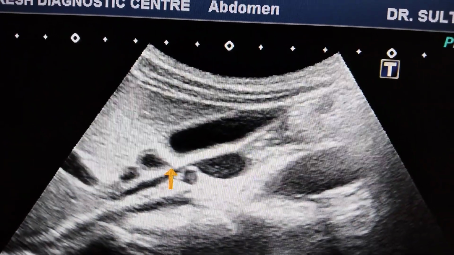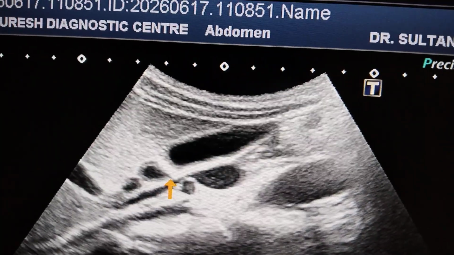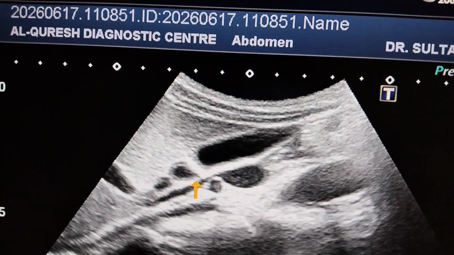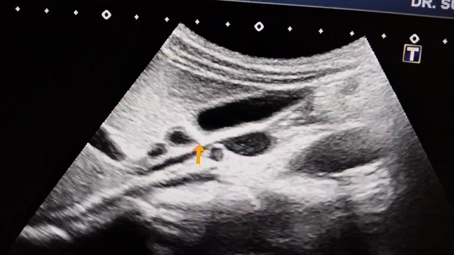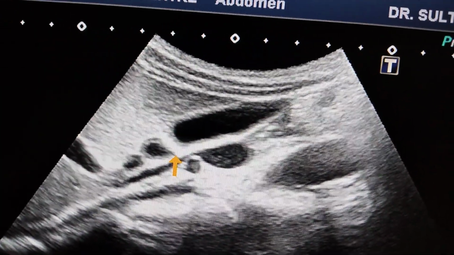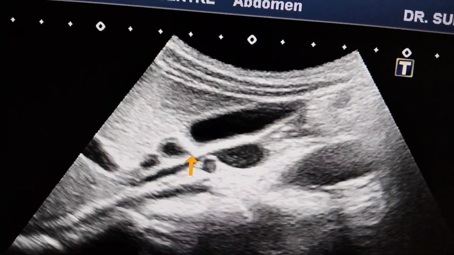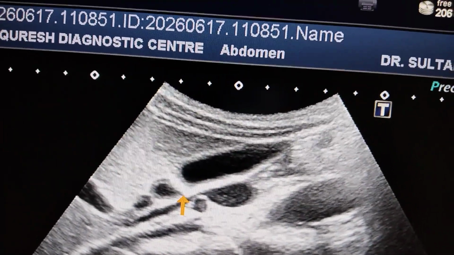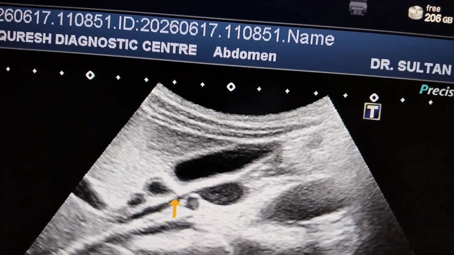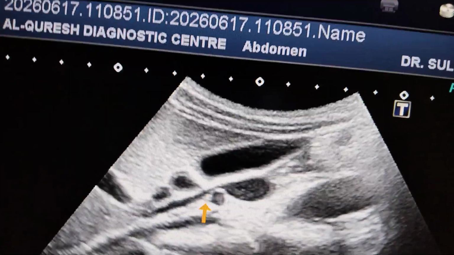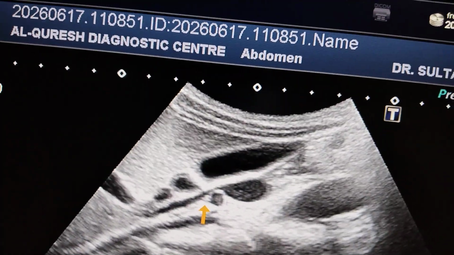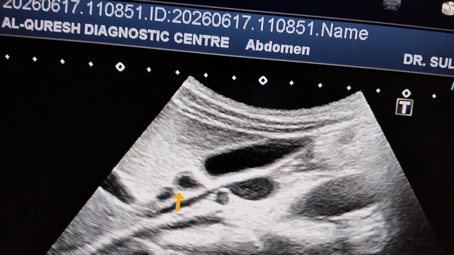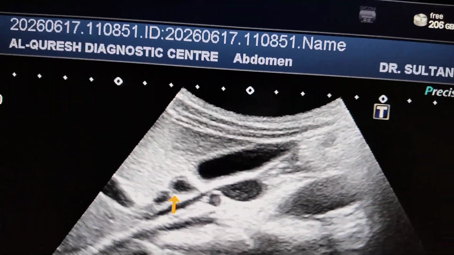No, we are not sure because it is not dilated here. However, this cystic duct connects with the common hepatic duct. The common hepatic duct is formed by the combination of the right and left hepatic duct. Then this common hepatic duct reaches the level of the cystic duct and combines with the cystic duct to form the common bile duct. So the cystic duct with the common hepatic duct forms the common bile duct.